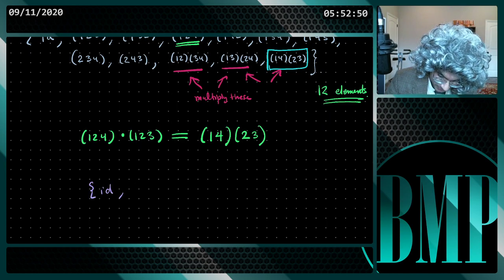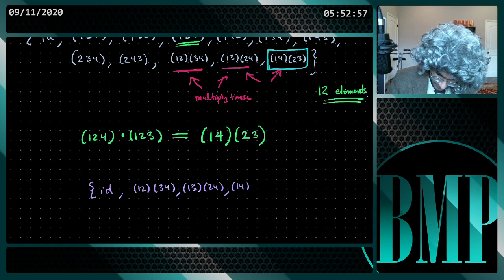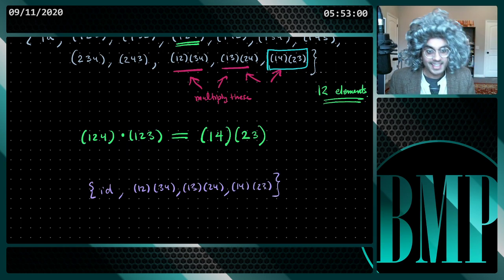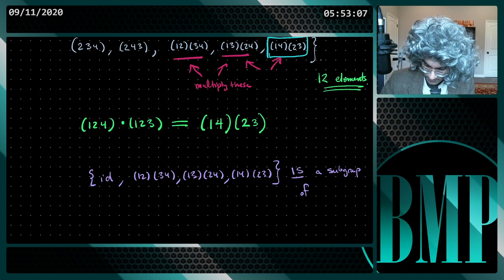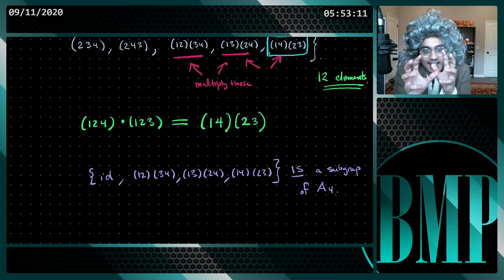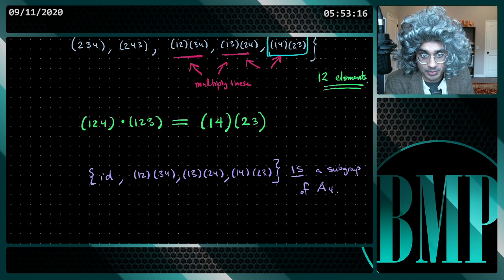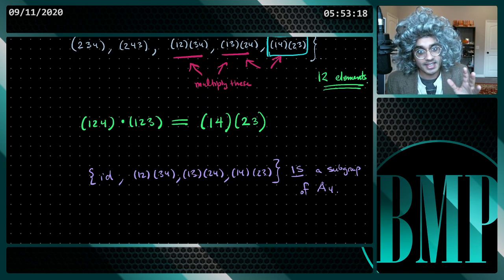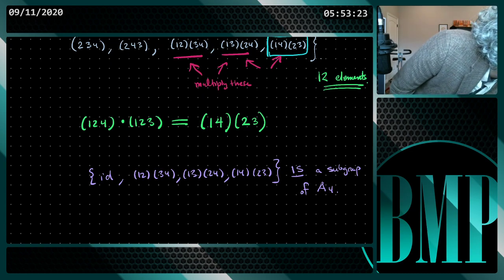Identity plus the 2 plus 2s is a subgroup. Interesting. So A4 has certain subgroups in it, like a size 4 subgroup. It has 12 elements. It's got a size 4 thing in it.